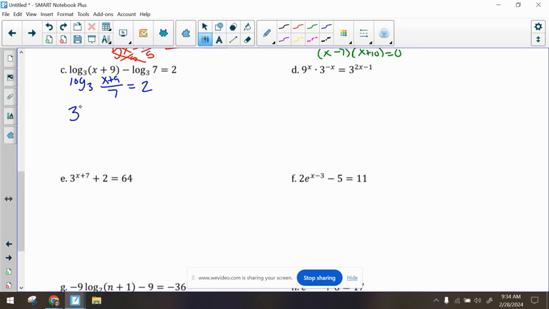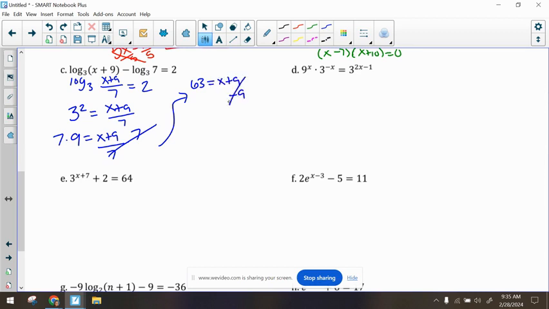I have to instead convert it to exponential form and then solve. 3 squared is 9. And if I'm solving for x, I'm going to start by multiplying by 7 on both sides. So 63 is equal to x plus 9. To get x by itself, I subtract 9 on both sides, and 63 minus 9 gives me 54.